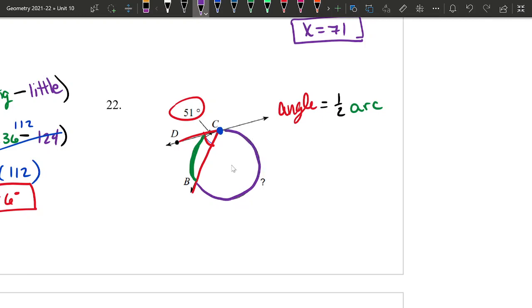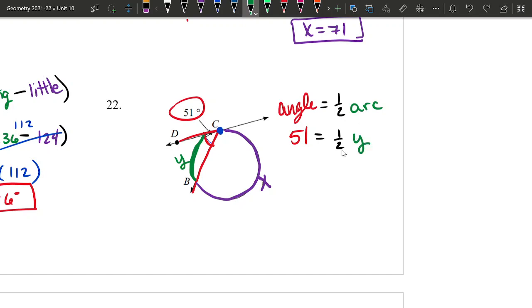All right. The only thing I'm given, I'm going to change that question mark to an X, just to make it easy. The angle, 51, I'm going to plug that in. 51 degrees equals half of the value of the arc, which I'll call y.